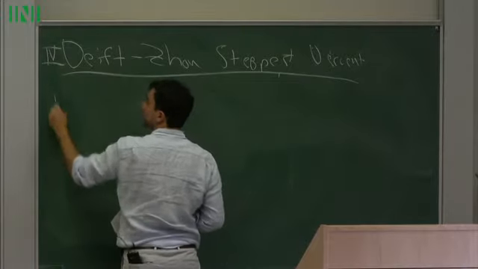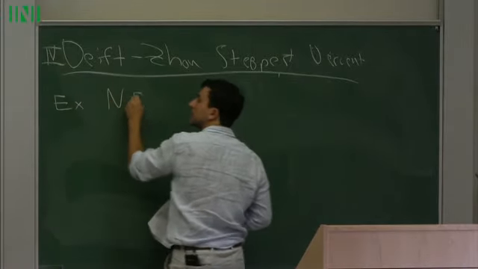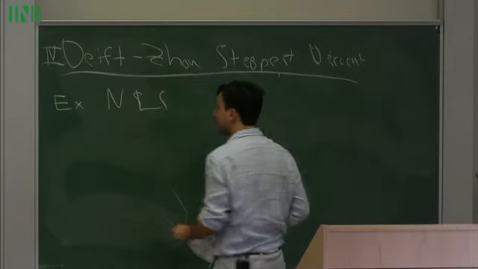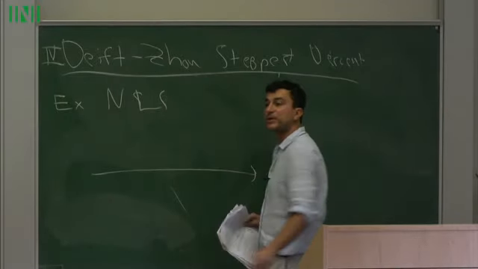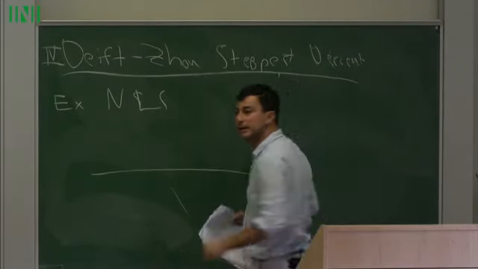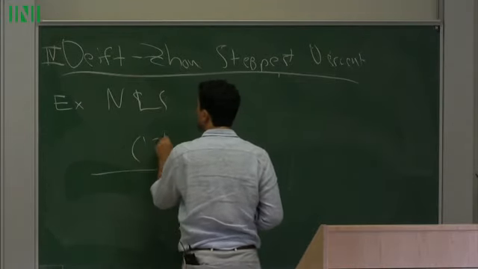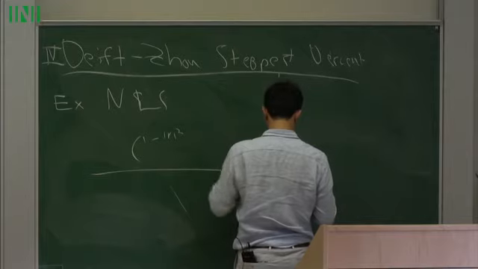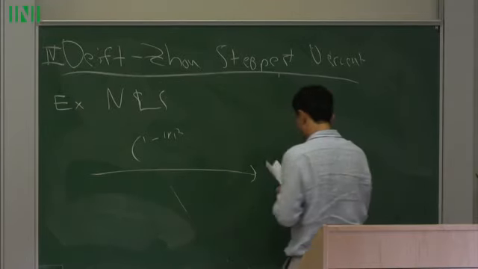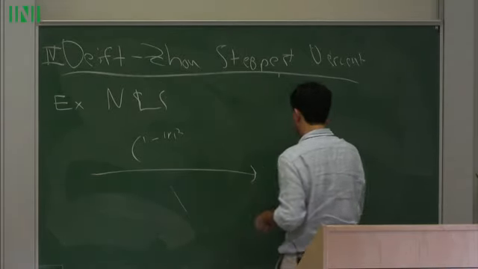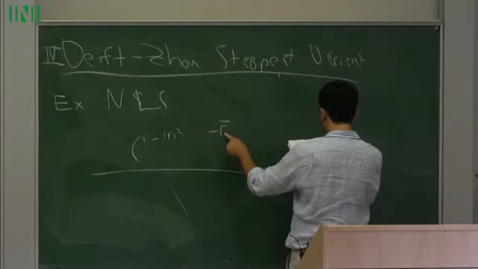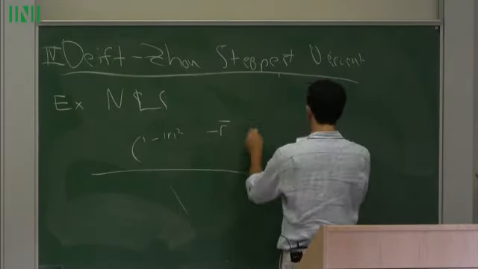Okay, so let's go back to our three examples. One of them was NLS, which only had a jump on the real line. It had a very simple form: 1 minus absolute value r squared, minus r bar. This is a function of k, or I think I was using s.